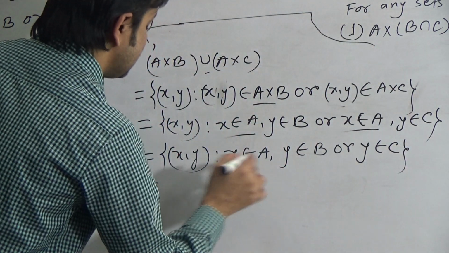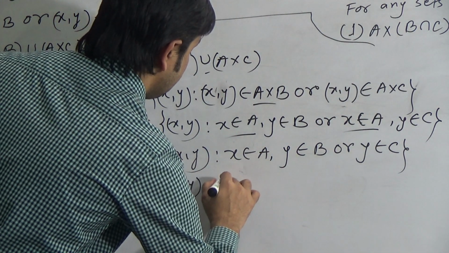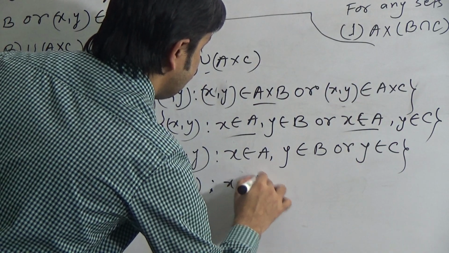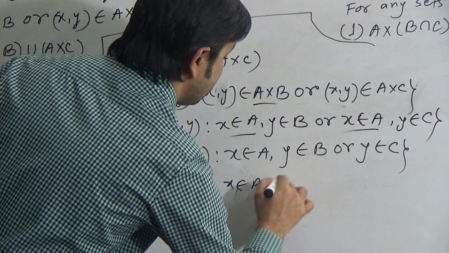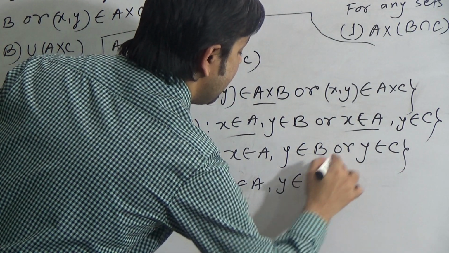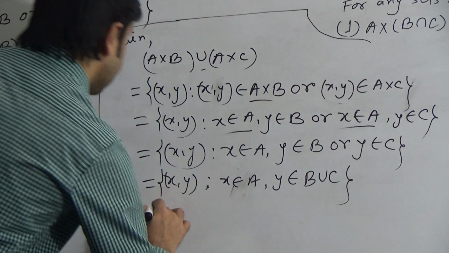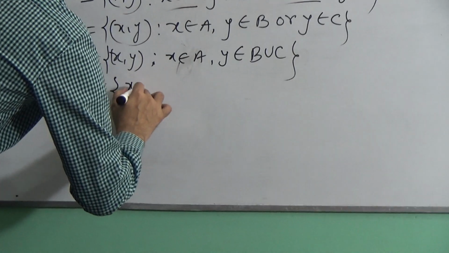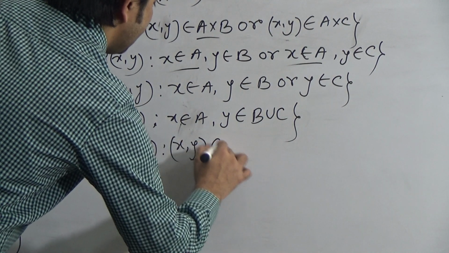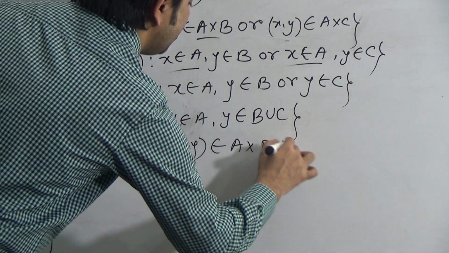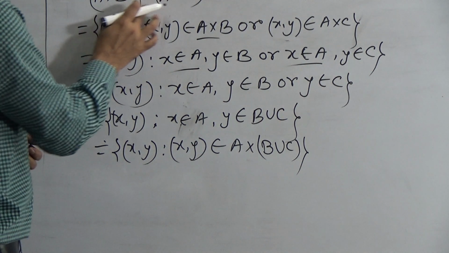So we can write this set of all x, y such that x is contained in A, y is contained in B, here is OR, so we can use here union, B union C. So if we take here the set of all x, y, it means the set of all ordered pairs of x and y such that xy belongs to A cross B union C. So I have taken the right hand side.